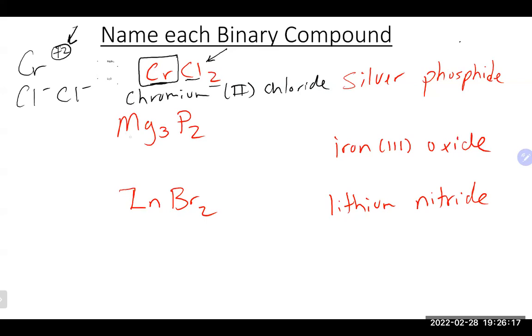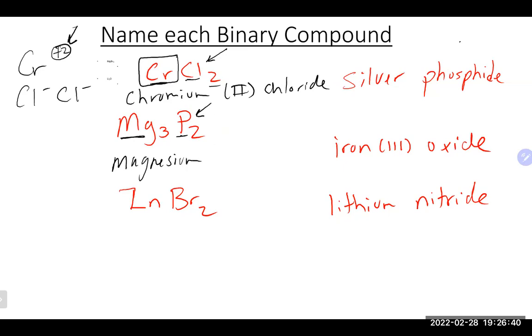Looking at the next one, which is Mg, magnesium, metal, and phosphorus, non-metal. Our magnesium is group number 2, which should tell us it has a fixed charge of +2. Also should tell us we don't have to worry about Roman numerals in this case because it has a fixed charge. That means we could just proceed to naming it, which would again be the whole name of the metal.